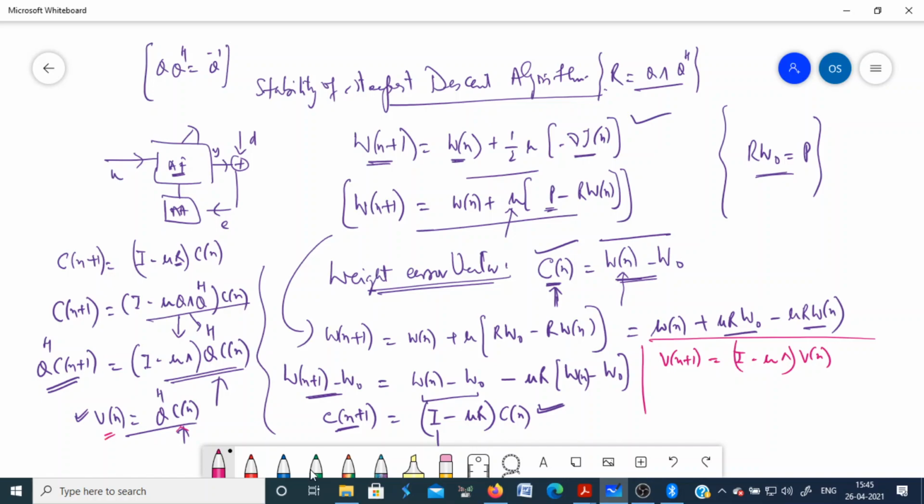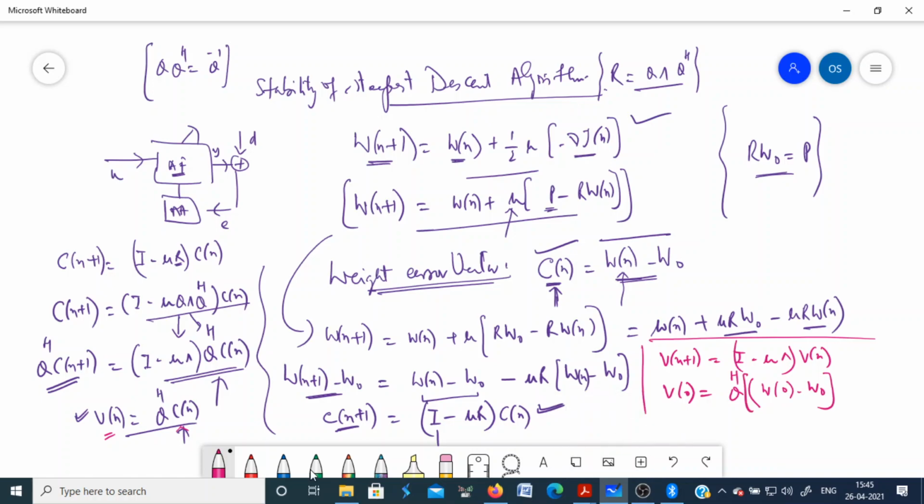So the initial error that you have at n equal to 0, that will be how much? When n is 0, it will be Q^H into C(0), and C(0) is basically W(0) minus W optimum.